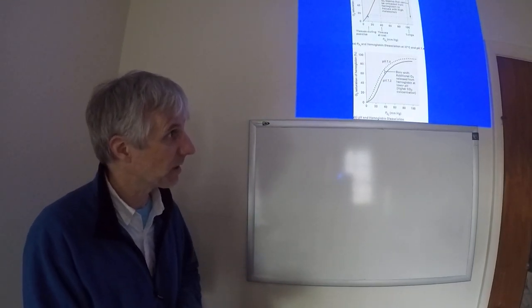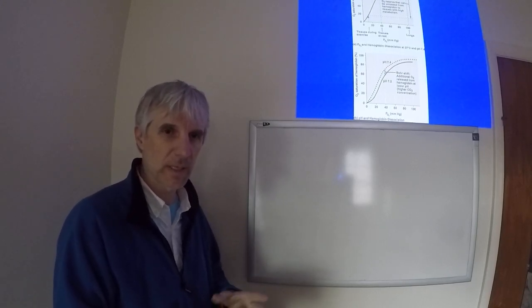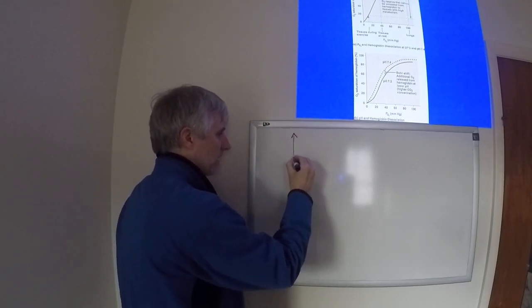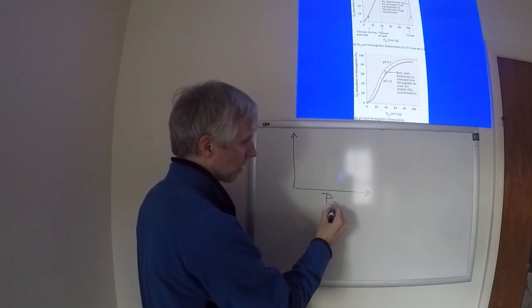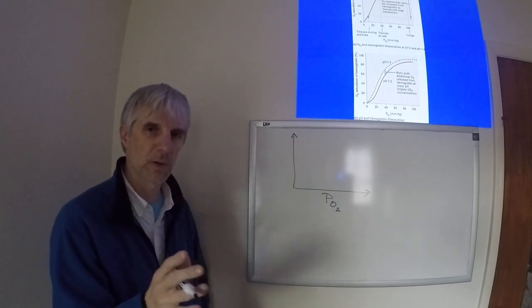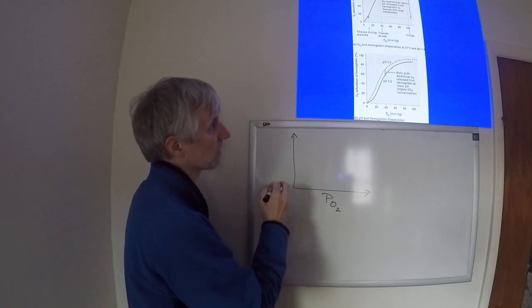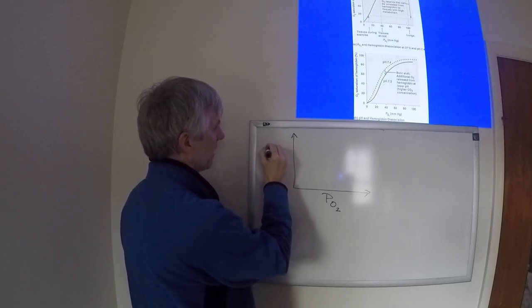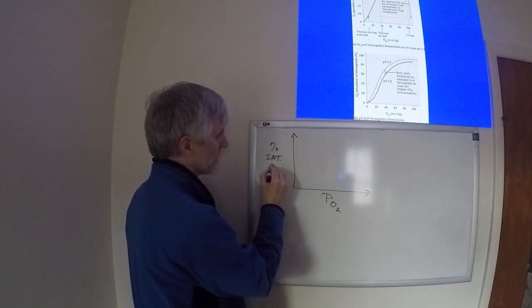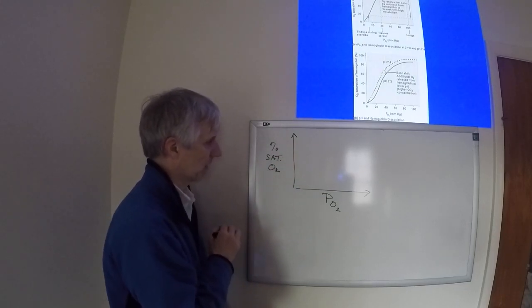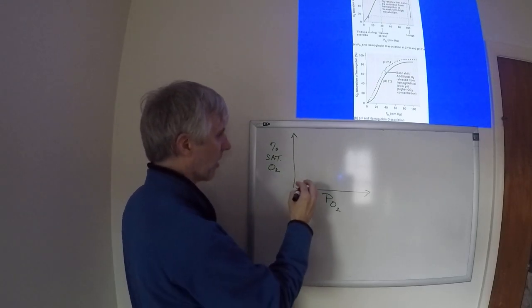I believe the last concept that we were dealing with was the oxygen hemoglobin dissociation curve, with the partial pressure of oxygen on the x-axis and the percent saturation of oxygen on the hemoglobin itself.